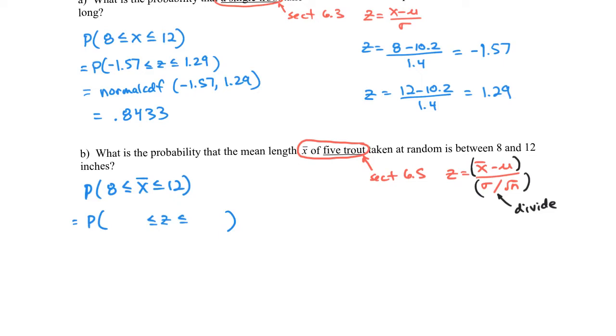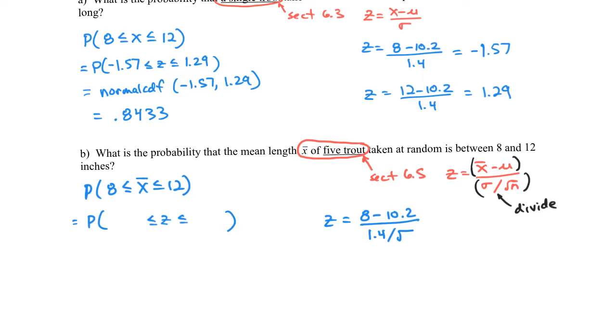So for the 8, we would do it like this. We would go 8 minus 10.2, divided by, and this time we have 1.4 divided by the square root of n.